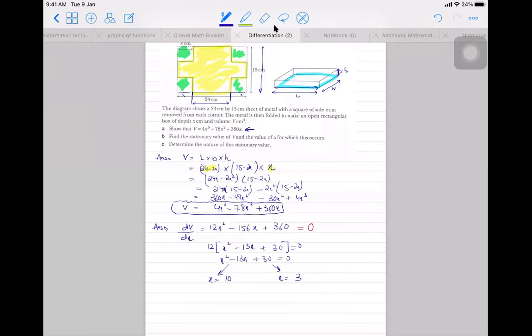One x square minus 13x plus 30. We can go for factorization. So if you take out the prime factors of 30, what do you get? This is going to be x squared minus 10x minus 3x plus 30 equals 0.